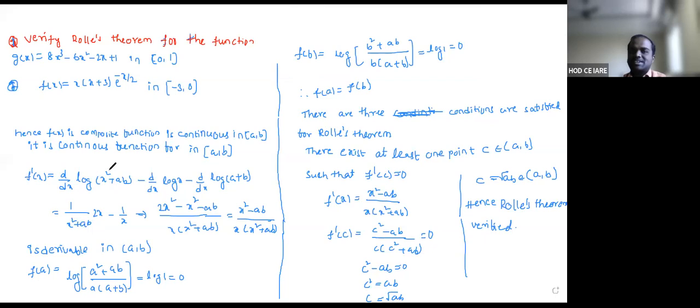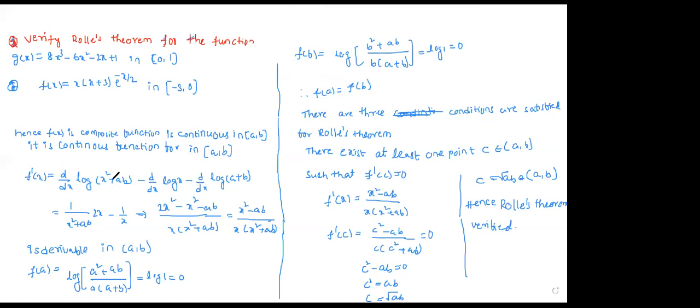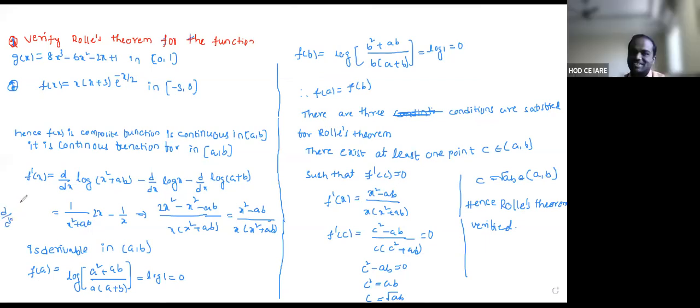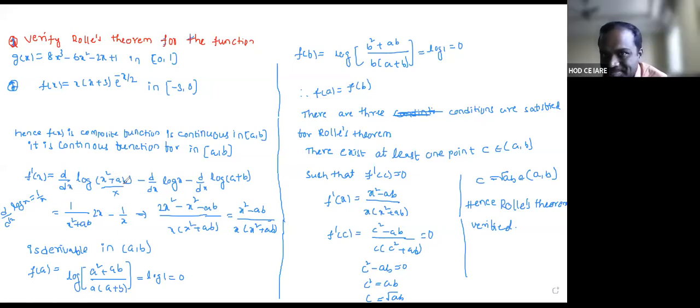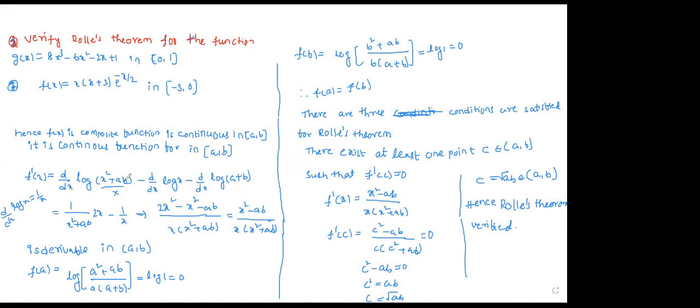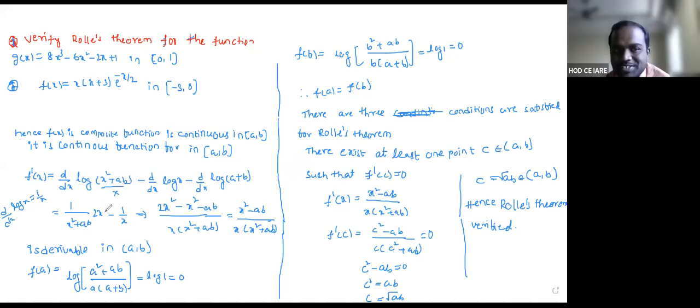d by dx of log x is 1 by x. So consider this whole thing as x for a while, 1 by x, and do d by dx of this x also. What is x? x square plus ab. d by dx of x square is 2x, plus d by dx of a constant, which is 0. So 2x plus 0 means 2x only.